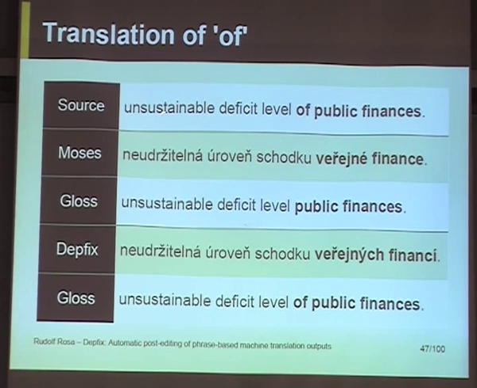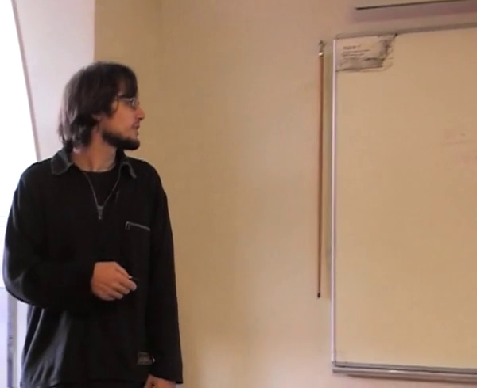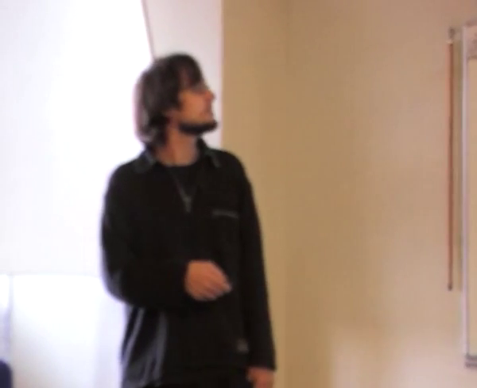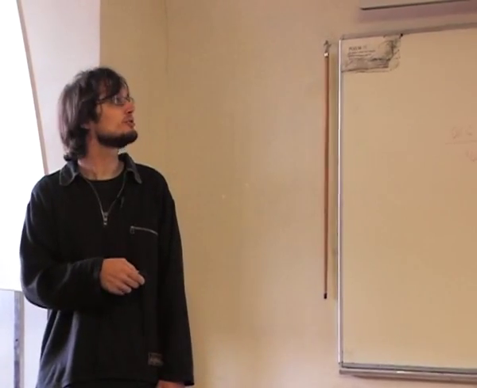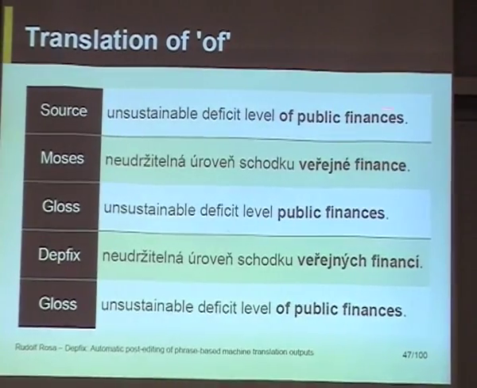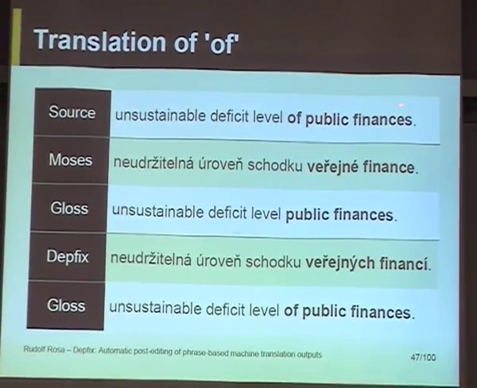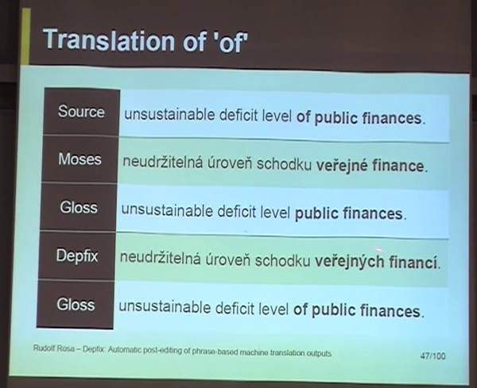But usually it means possession, like "unsustainable deficit level of public finances", which is erroneous here because it has a wrong case. So what we actually do is that if there is a noun and then a prepositional phrase with "of", we think it's a possession, so we put it in the genitive case in Czech.